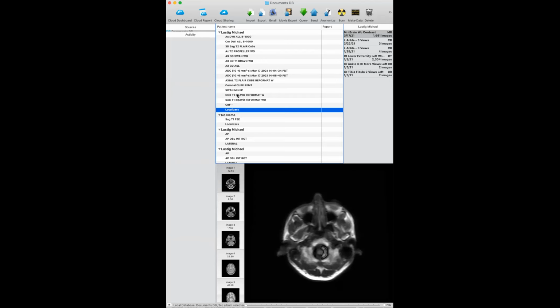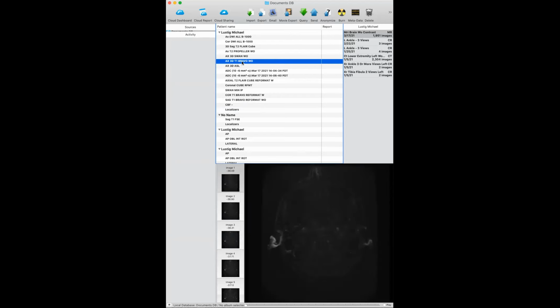Then let's see. Here are a few sequences that you may recognize. Let's see, coronal. So here's a 3D scan, T1. It's called T1 Bravo. T1 Bravo is basically a T1 weighted image that uses inversion in order to enhance the contrast between gray and white matter.